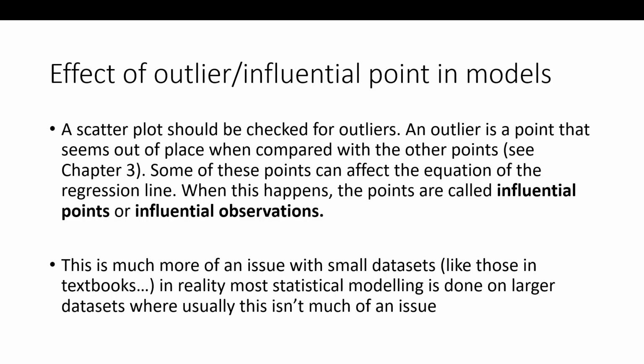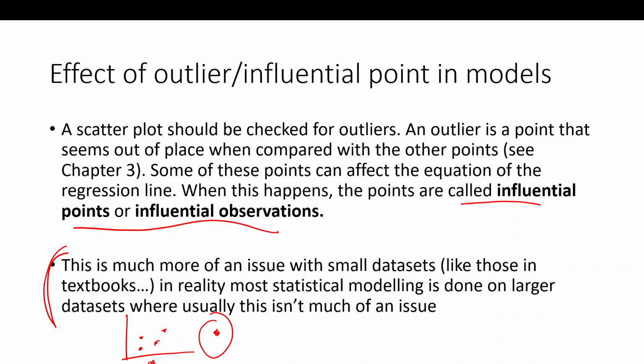Okay. Then we have this issue of outlier influential points. Again, it's much more of an issue with small data sets, like those in textbooks, which is one reason I don't particularly love textbooks. In a textbook, if I had a little situation like this, and then I had a point way out here, this would be a really influential point, because the line would have otherwise gone this way and it's going to go this way because of this one little point out here.